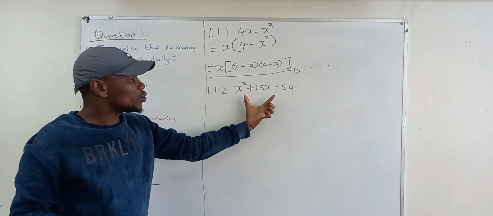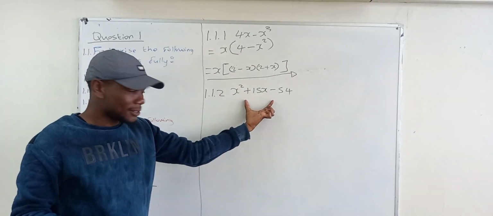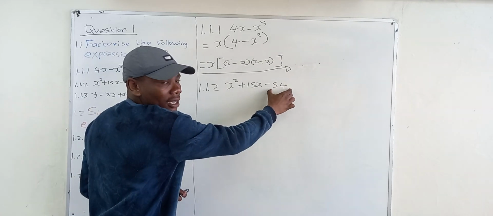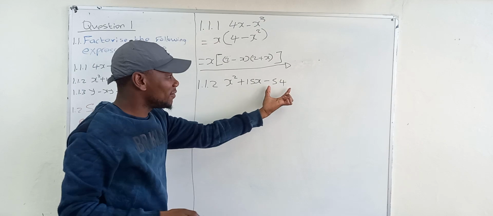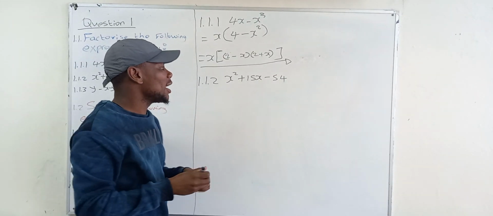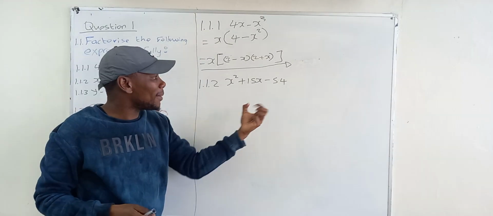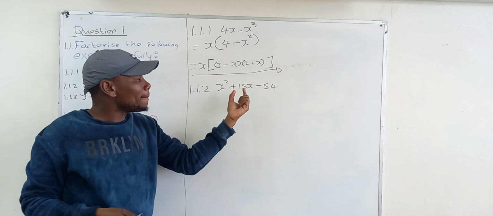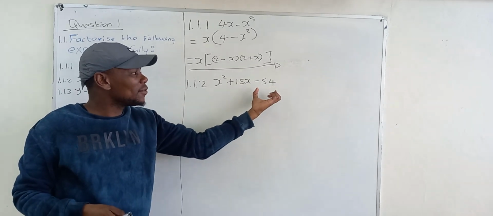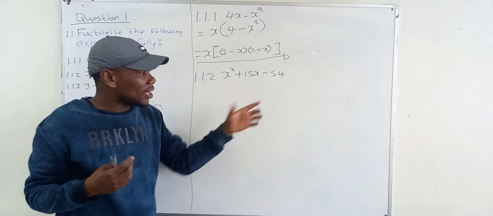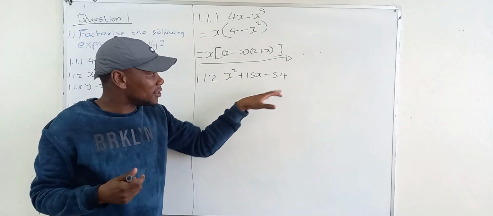If they want you to factorize an expression like this one, you have to consider all the factors of 54, all the multiplication of numbers that leads you to 54, guys. And when you add those numbers, they must give you 15, but when you multiply them, they must give you a negative 54. So you have to consider all the factors that give you 54.